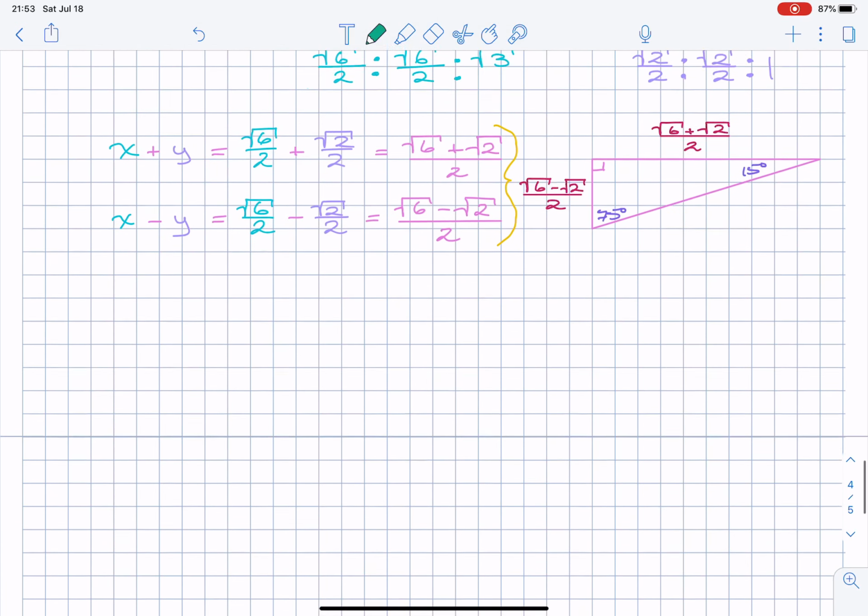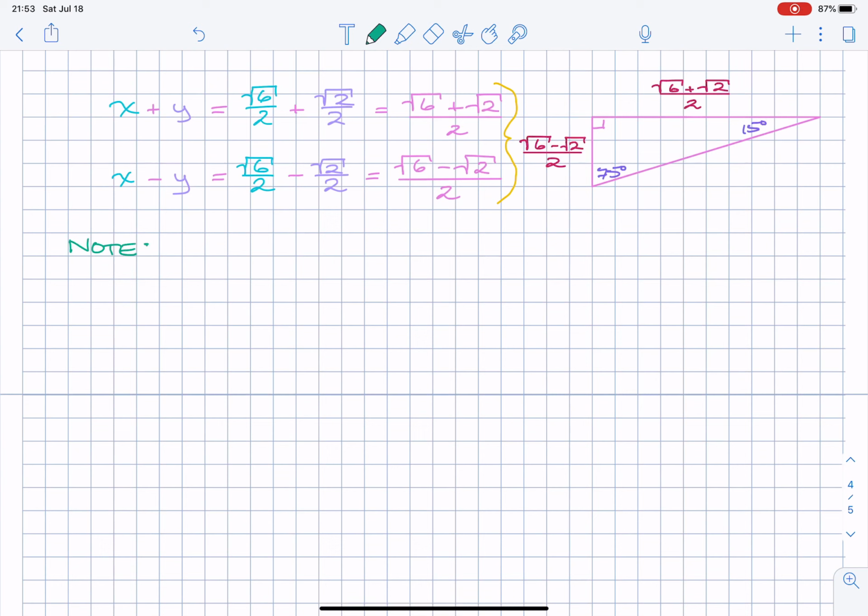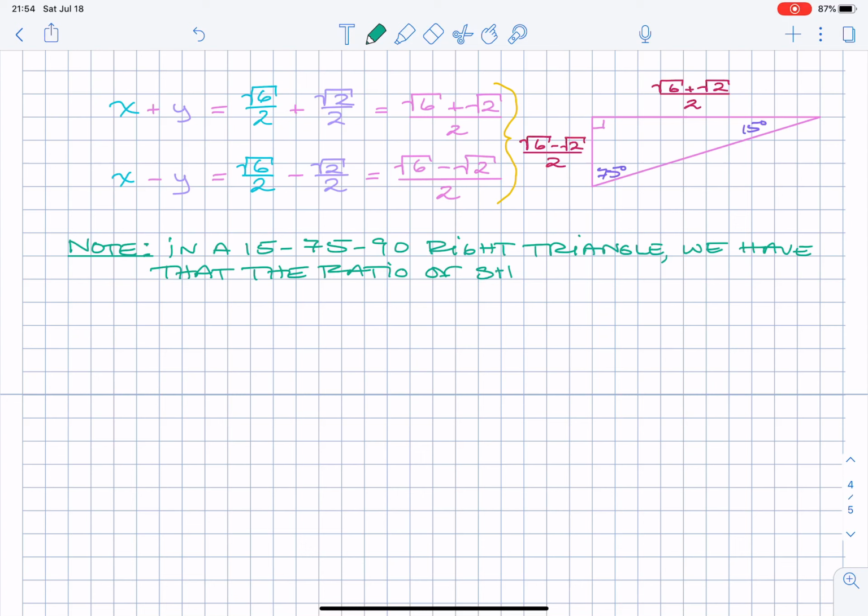So note, in a 15, 75, 90 right triangle, we have that the ratio of short side to long side to hypotenuse is, okay, well, what was the hypotenuse there?